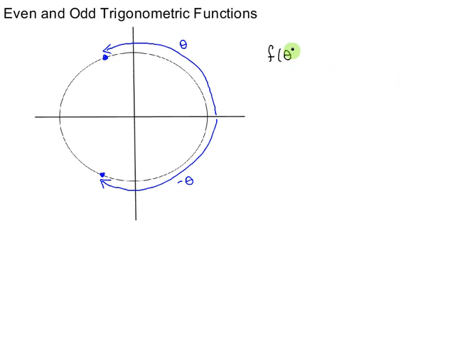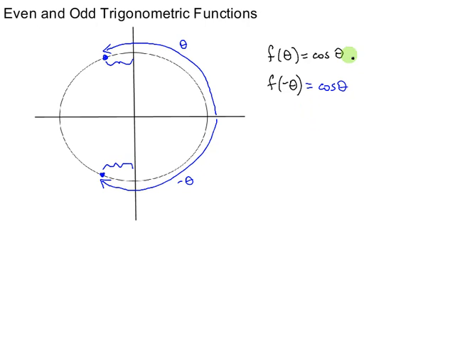Now let's do the same analysis on the cosine function. Since I still have my theta and my negative theta here, I want to compare. Cosine deals with the x-coordinate. Both of these points have the same x-coordinate, so they both have the same cosine value.